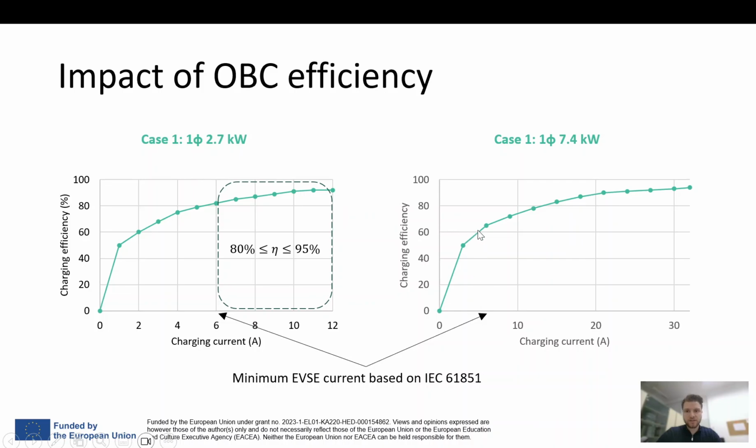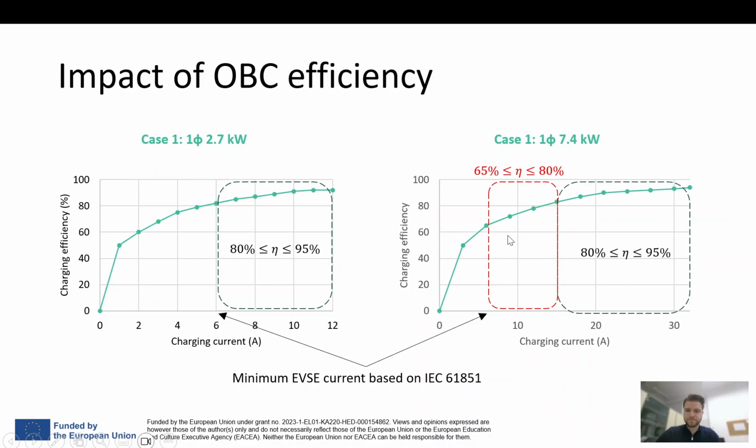So this is a significantly lower efficiency. So let's say if we charge the electric vehicle with a range from 6 amperes to something around 12 amperes as before, the charging efficiency is going to be between 65 and 80%, which is significantly lower than this efficiency here.